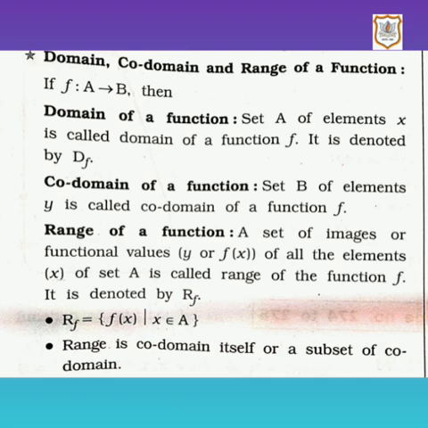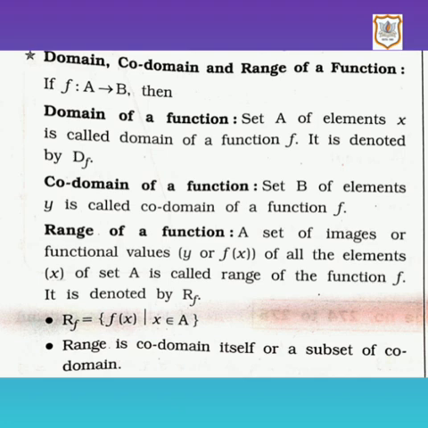It is denoted by R(f), so R(f) is equal to {f(x) such that x belongs to A}. So we studied the meaning and definition of functions and the domain, codomain and range of a function.